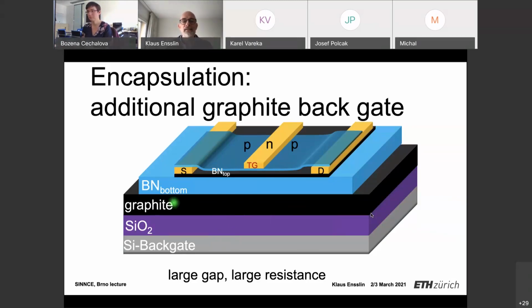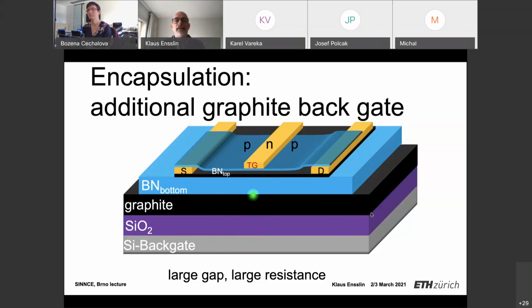So that means the backgate is 270 nanometers away or more from the graphene. That means any field that you apply to a device that is smaller than this distance will have a lot of fringing fields from the side. It's not a plate capacitor anymore. And these fringing fields can modify the edges.